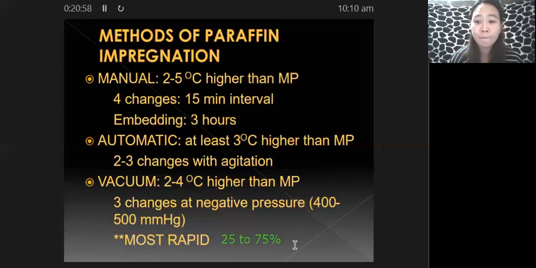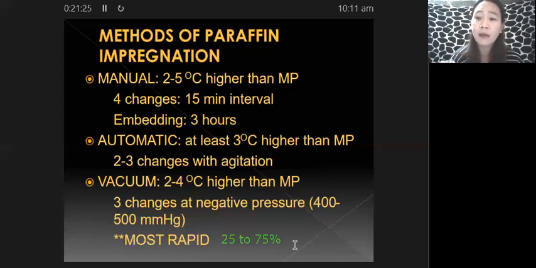Remember I said that dense and fibrous tissues are inherently hard, and hardness is a consequence of the different steps in tissue processing, so you don't want to make it even harder during infiltration.